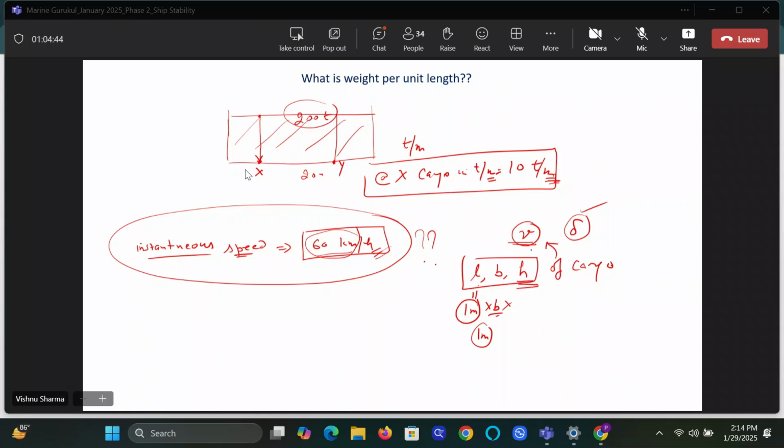Over 1 meter length. Then the weight of the cargo contained in that volume is the weight at X in tons per meter. Have you understood what I have said? Whatever you have not understood, please let me know.